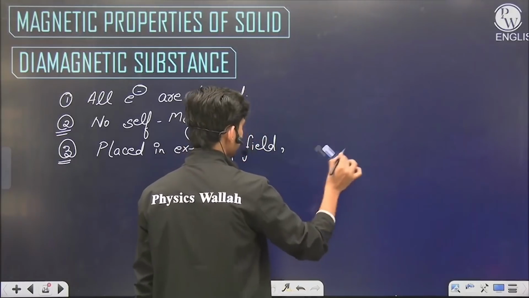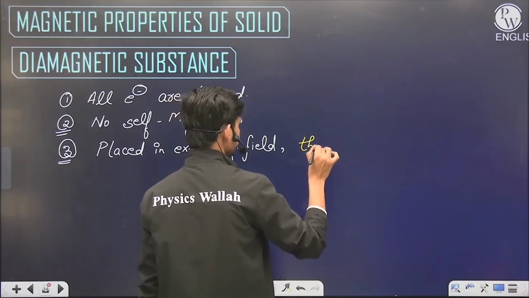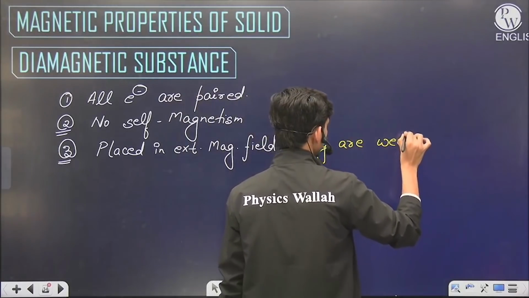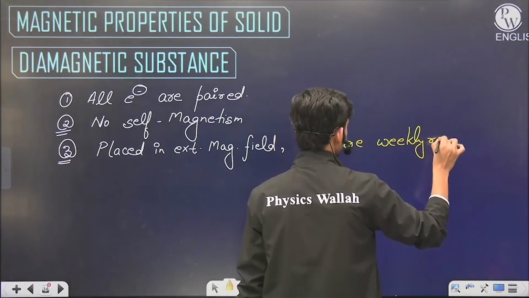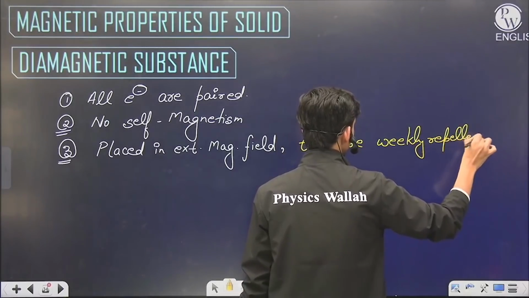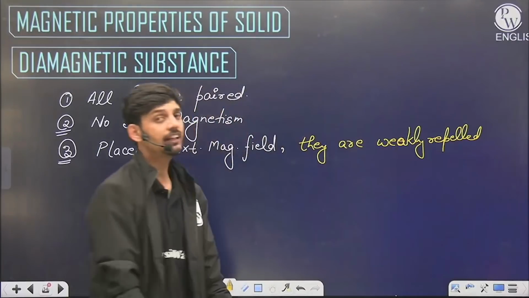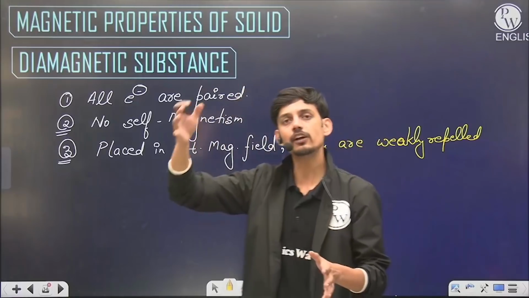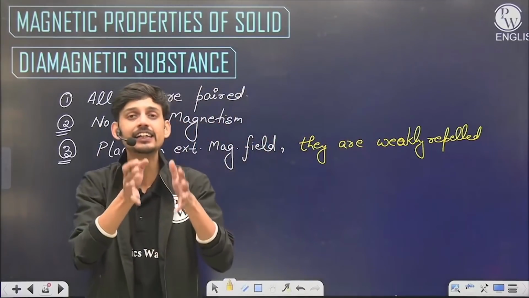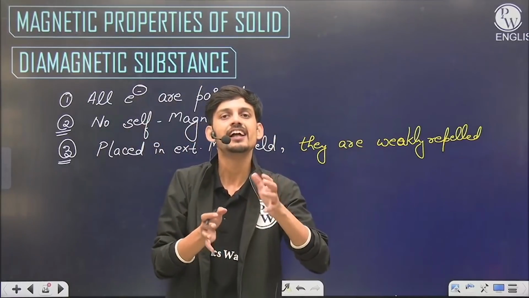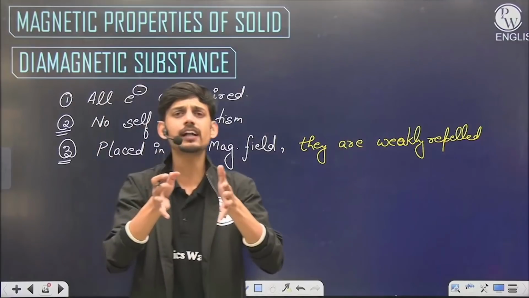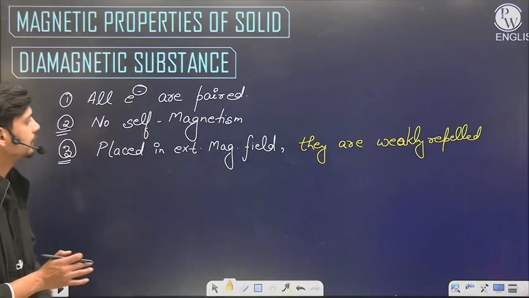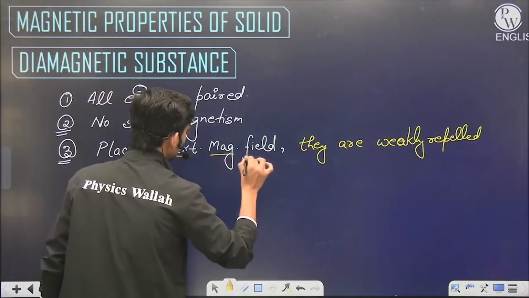Why are they weakly repelled? Because they have net zero magnetism. So in an external field, they get an induced magnetic field of opposite direction. And that's why such substances, diamagnetic substances, experience weak repulsion in an external magnetic field.